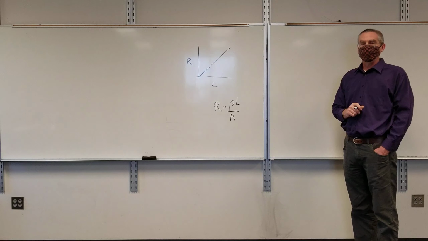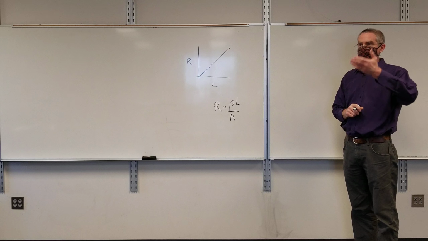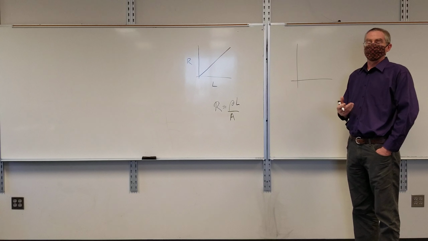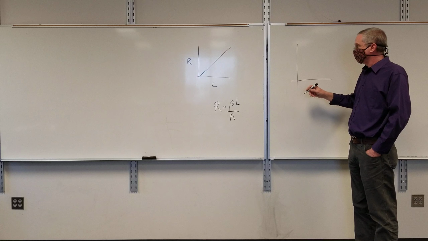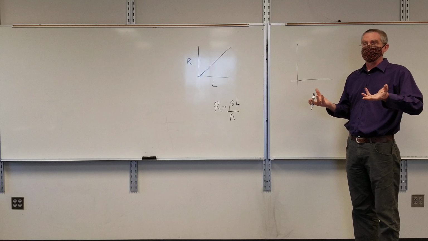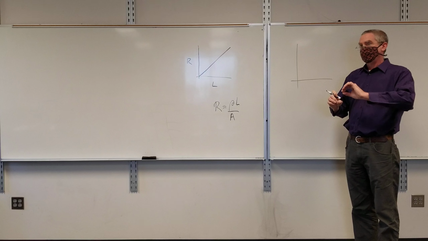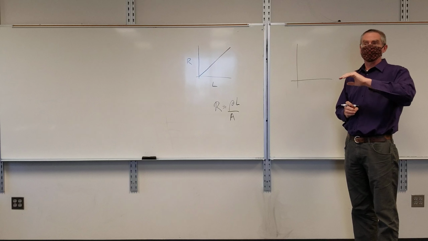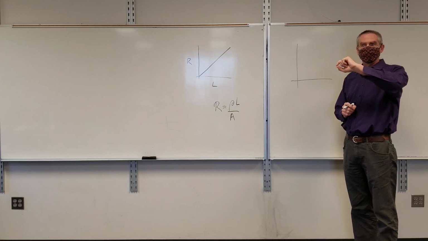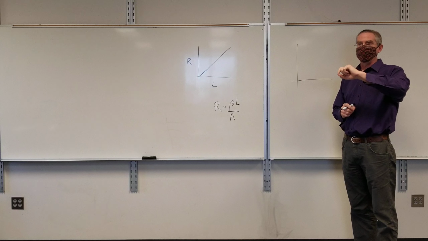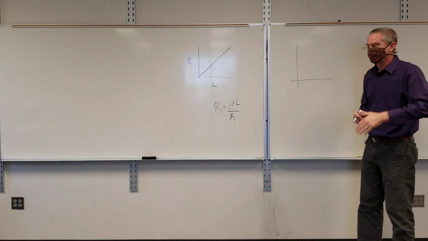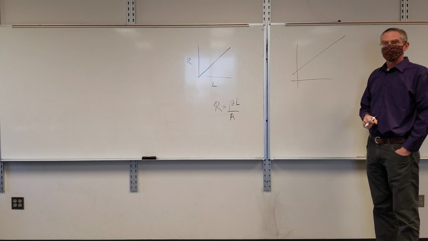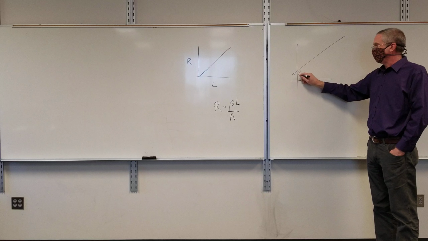All right, so if you just do R over L, let's take an extreme case. We've already talked about in the lab, odds are it doesn't go through 0. I think I've seen it once go through 0 without having it forced. Sometimes students pick the wrong trend line and they pick the one that forces it to go through the origin. So, not what I'm looking for here. So, let's say it looks like that. So obviously, we have some intercept.